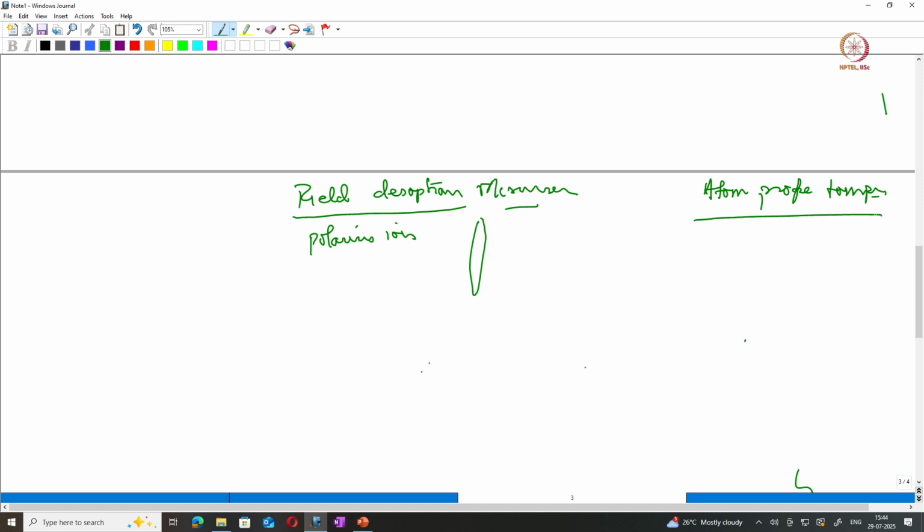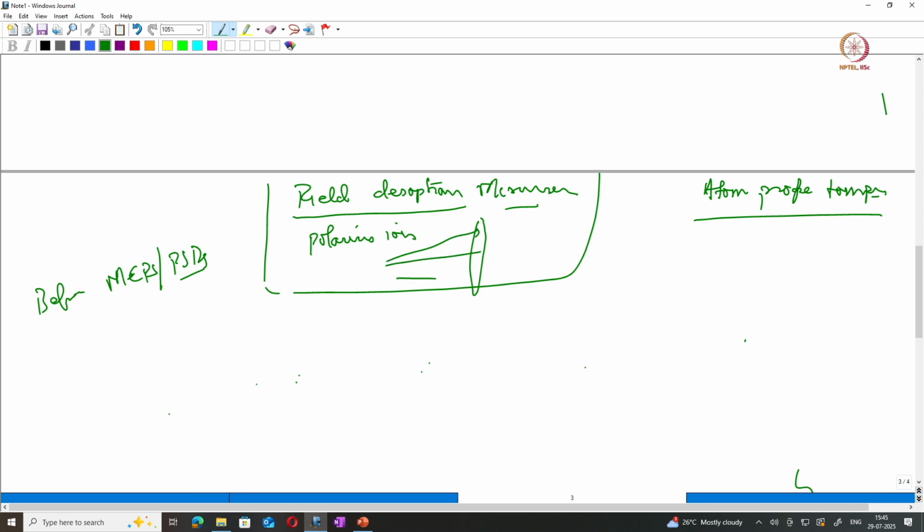Before these MCP plates and position sensitive detectors came, atom probe tomography was termed field desorption microscopy. It means that the polarized ions, due to the application of the DC voltage, directly hit the fluorescent screen.